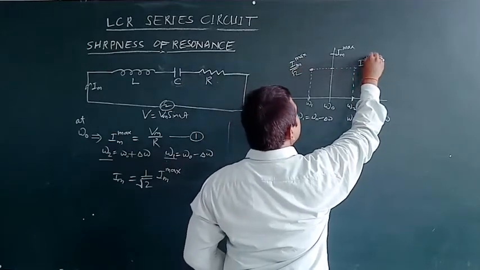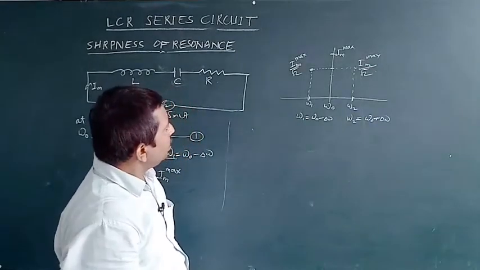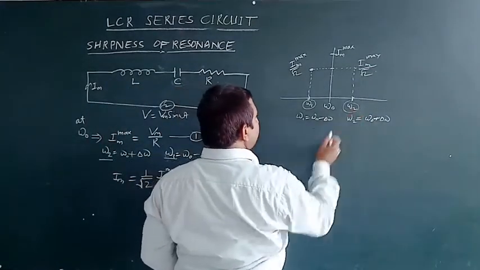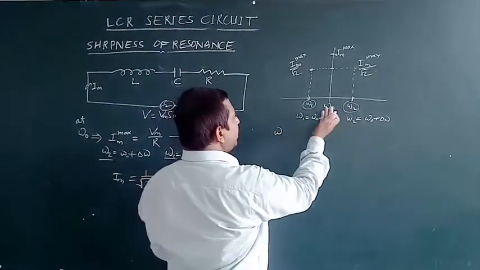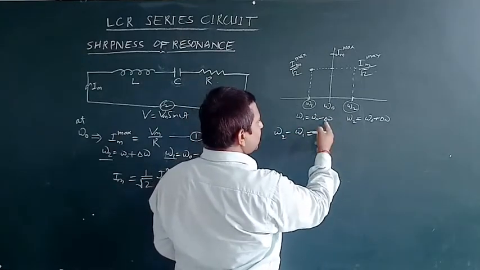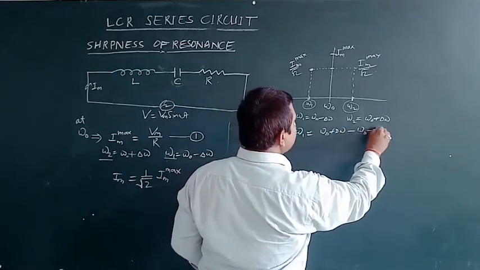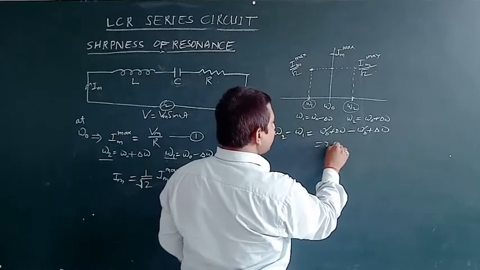So what will be the value of omega 1, what will be the value of omega 2, and also what will be the difference of omega 1 and omega 2? The difference is omega naught plus delta omega minus omega naught minus delta omega, so this becomes twice delta omega.